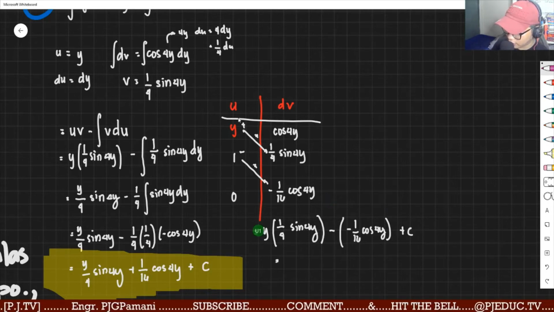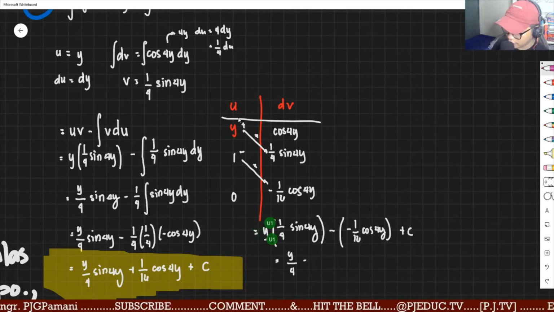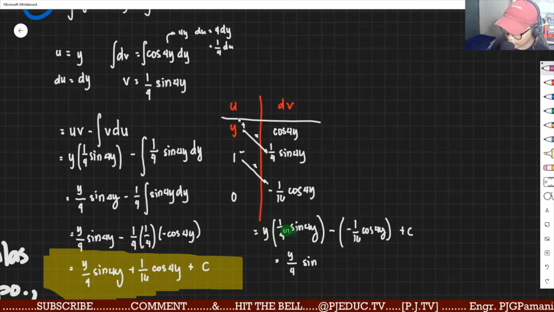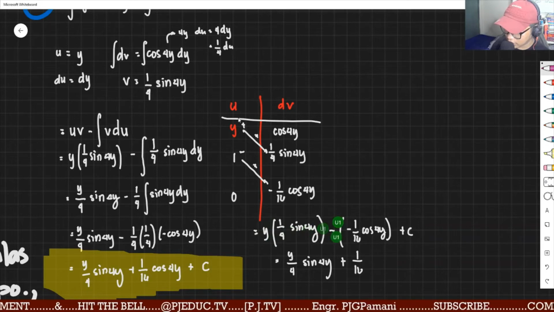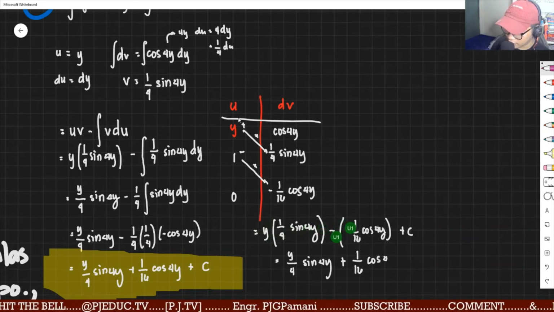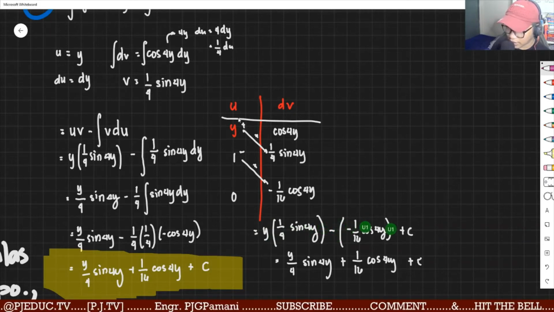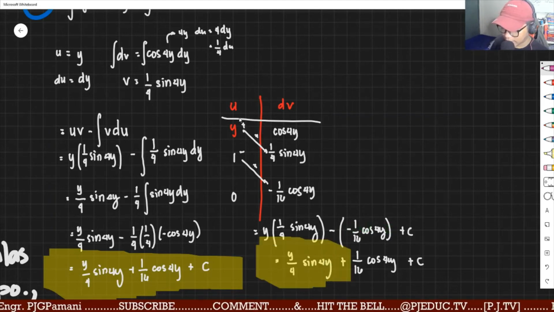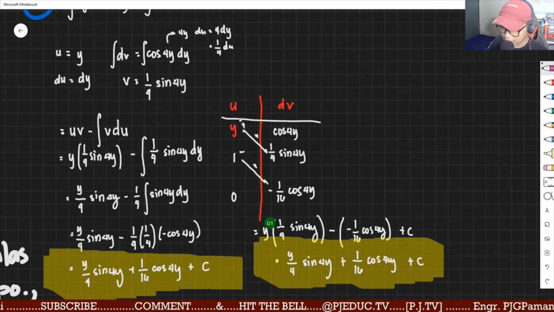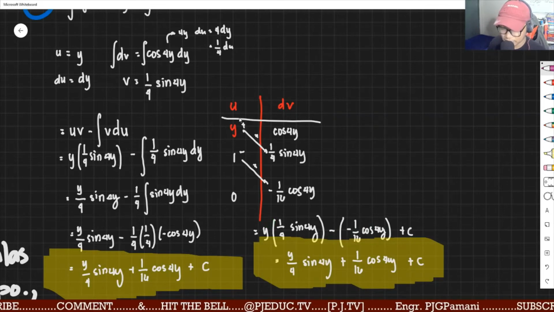Simplify further. That is y over 4 sine 4y plus 1/16 of cosine 4y. And lastly, your integration constant. Parehas ba? Yes, parehas na sila.